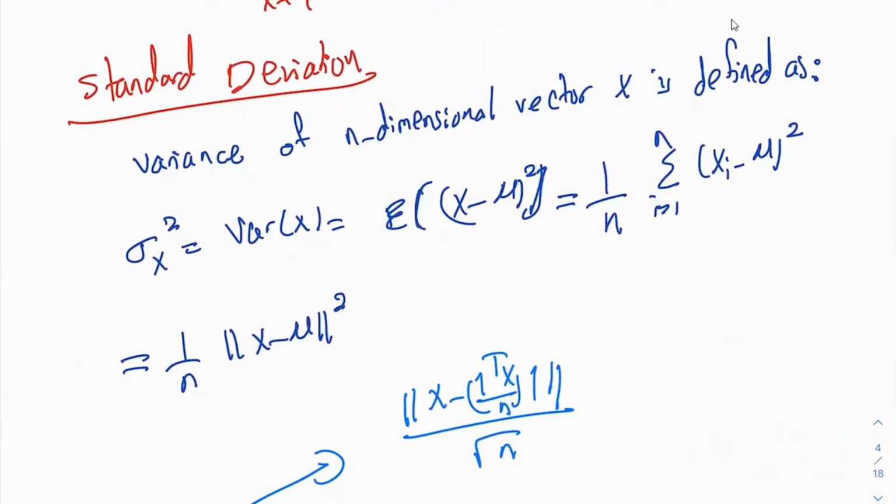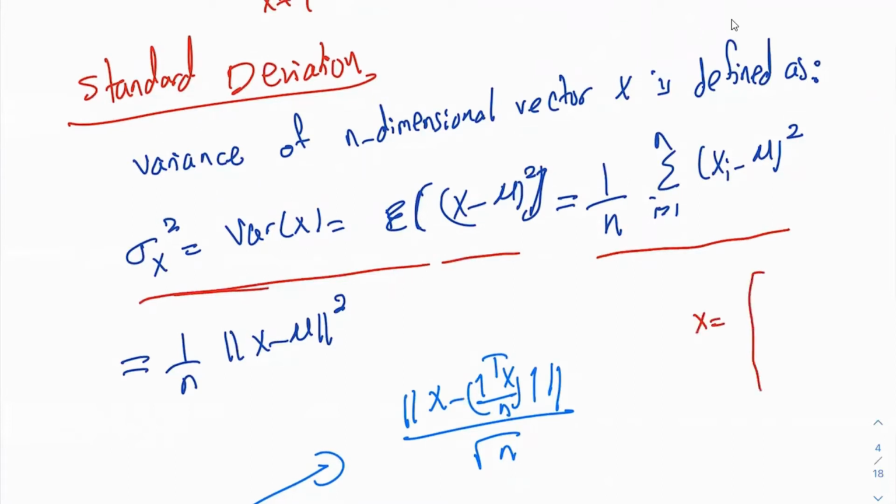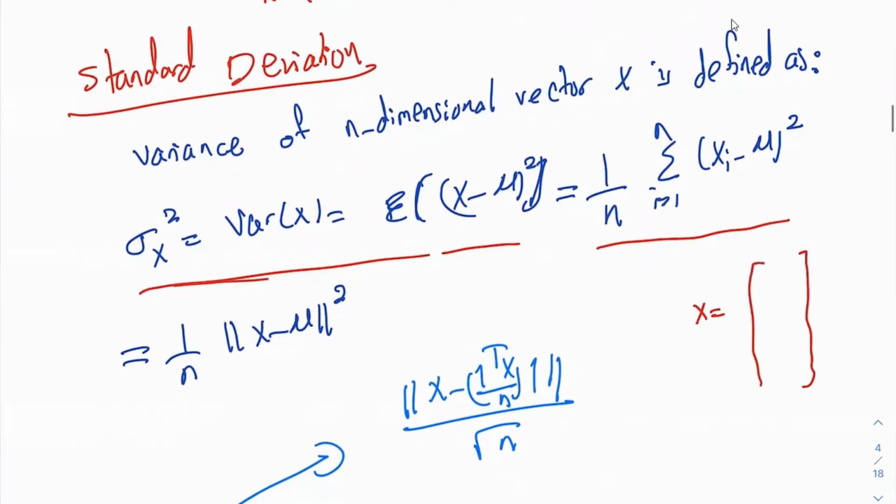So, the variance of an n-dimensional vector x. Usually for a standard deviation, we start from the variance. The variance of an n-dimensional vector x is defined like that. Here we are considering a vector, and for a vector we consider that all the elements are equally likely, so all of them have a PMF of 1 over n.